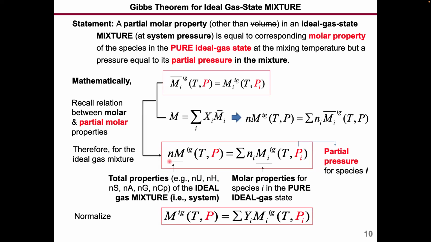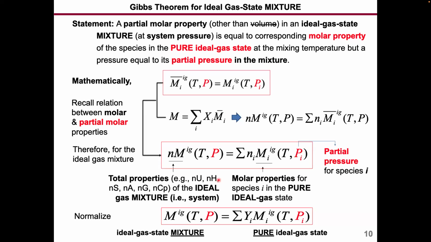And then if we normalize, we can get rid of this, and instead of N_i, we use a molar fraction. For gas mixture, usually we use y_i to represent molar fraction. So again, mixture property at a system pressure, system temperature is equal to the summation of molar fraction times the molar property of the pure species i in the ideal gas state at the same temperature, but partial pressure of the species i in the mixture.